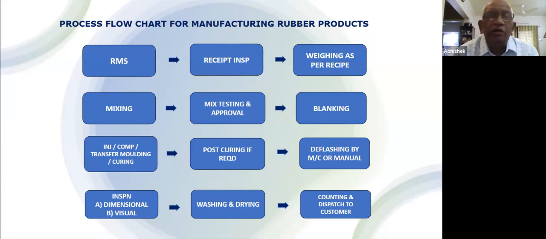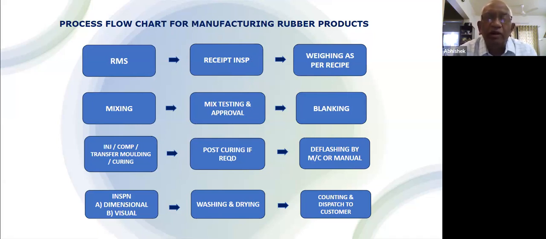Once the blanking is carried out, the actual rubber manufacturing process consists of injection molding, compression molding, or transfer molding, depending on the type of product and the process required. Once the injection or compression molding process is over, your rubber products will be ready. Then, depending on the requirement, you go for the next process, post curing if required, because in injection molding the initial curing takes place for a very short time. So all the optimum properties of the products are not developed during this stage.